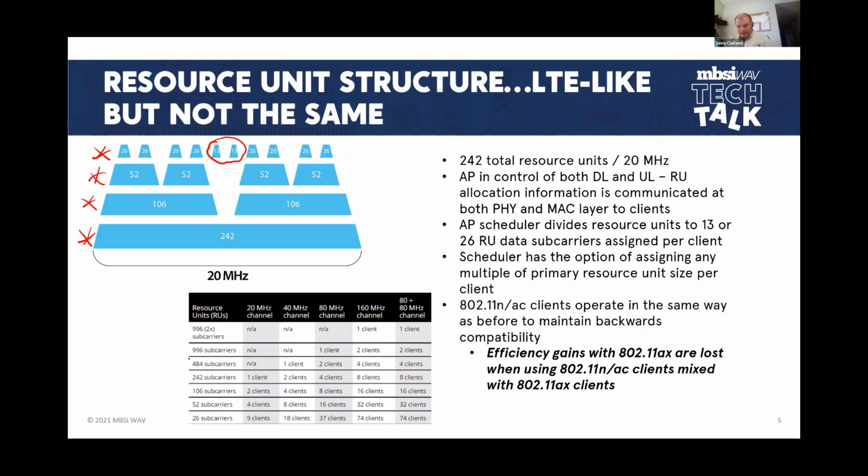Here in the table in the middle of the slide, I have the number of resource units involved in any of the channel widths, and the number of clients that can be spoken to simultaneously with this matrix of possibilities that the access point is able to schedule.